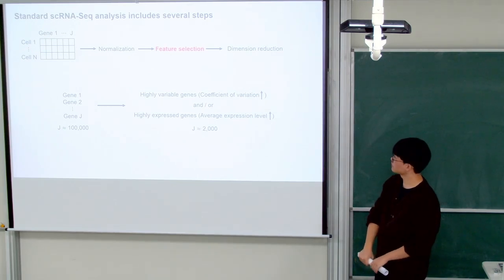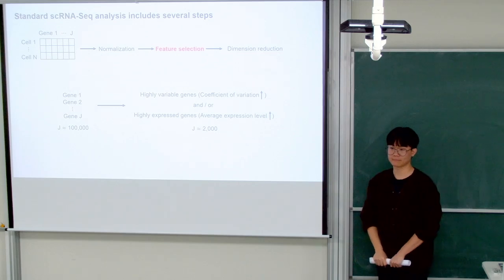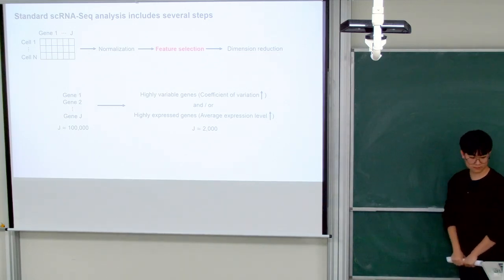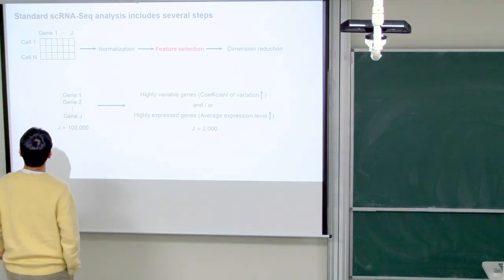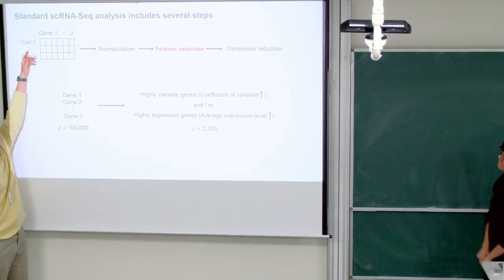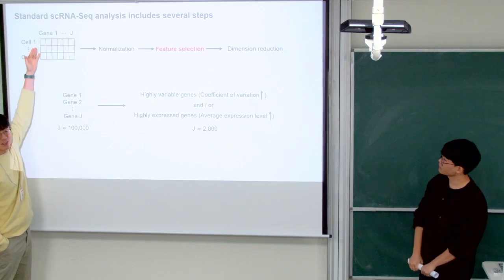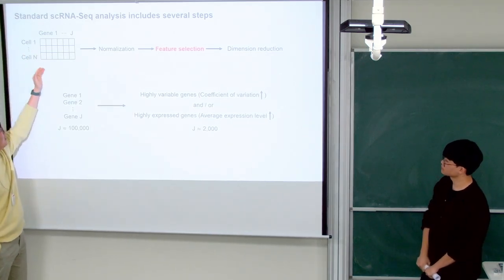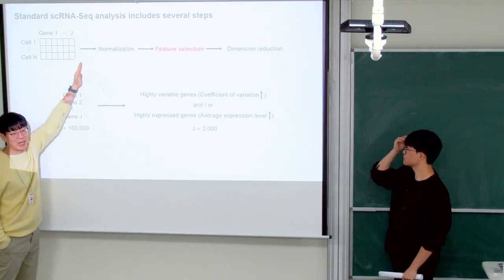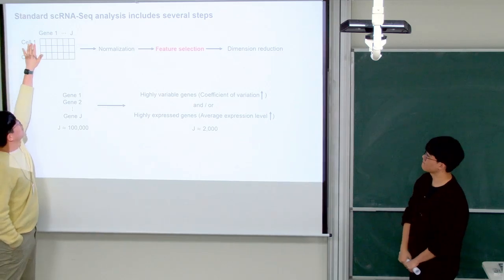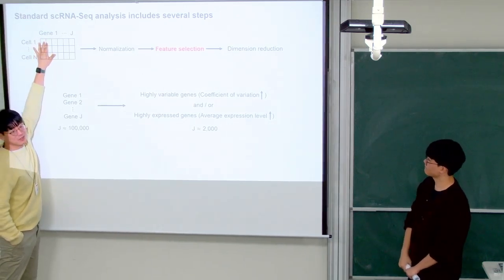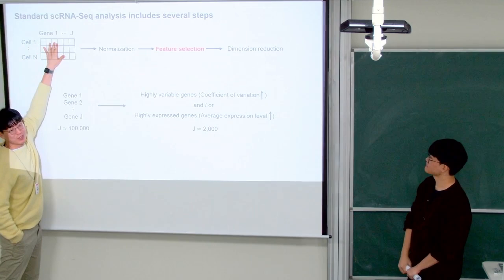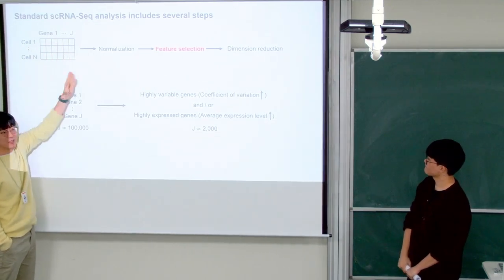Okay, let's explain this. Let's explain the basic structure of the data. Rows are cells. If there are 1,000 cells, there are 1,000 rows. There are J types of genes. So cell 1 has 10 of gene 1, 20 of gene 2, 30 of gene 3. Every cell could be different.